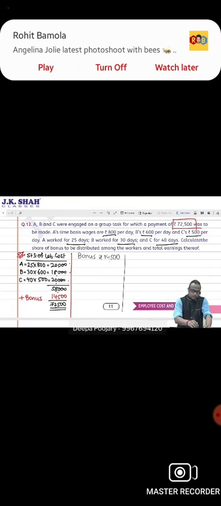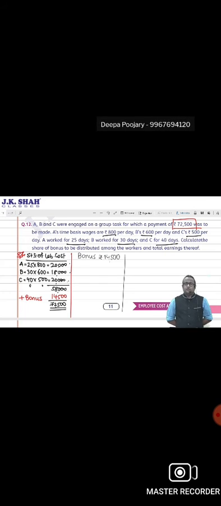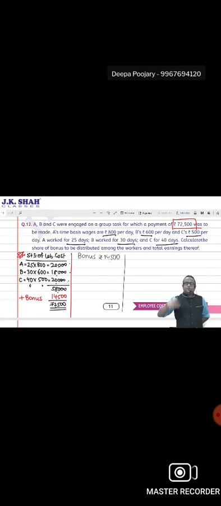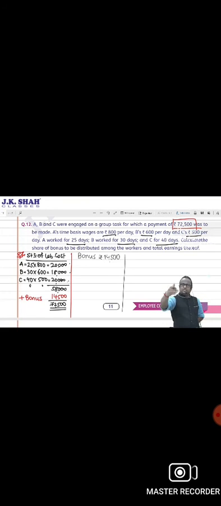Either I'll have to go for days ratio, or I have to go for rate ratio, or I have to go for this ratio. The most appropriate ratio is going to be total wages. I'll tell you the reason. You people are skilled workers. I am from unskilled workers.